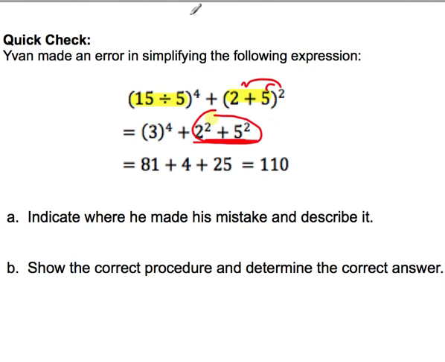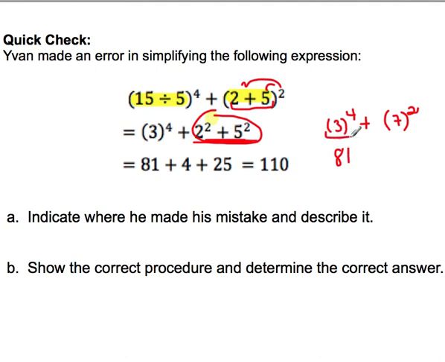So I'm going to show you what the correct answer is. 3 to the power of 4 was correct. But then what I should have had was 7 to the power of 2. So I have to do this bracket first, and then I can go to my powers. So I am now going to go 3 to the power of 4, which is 81.